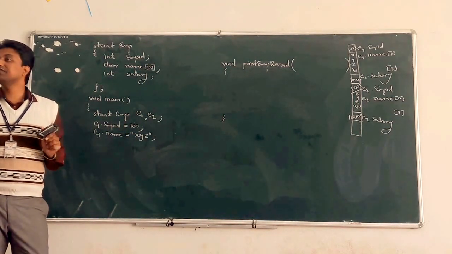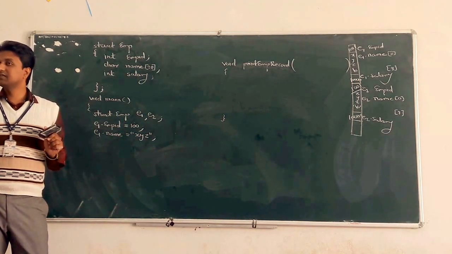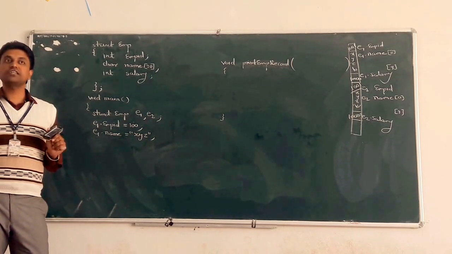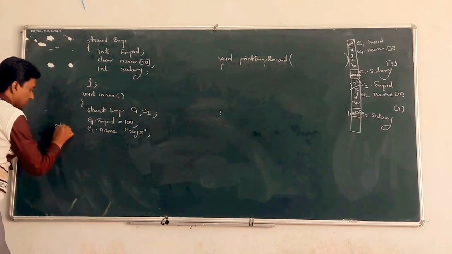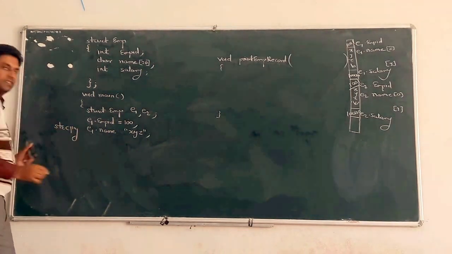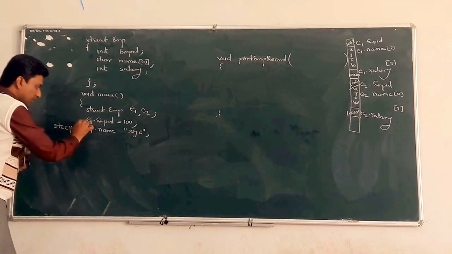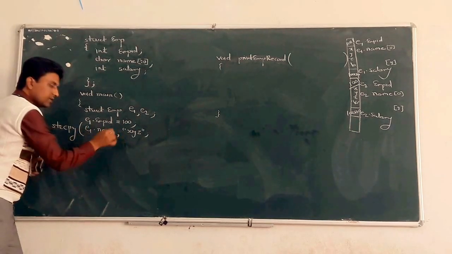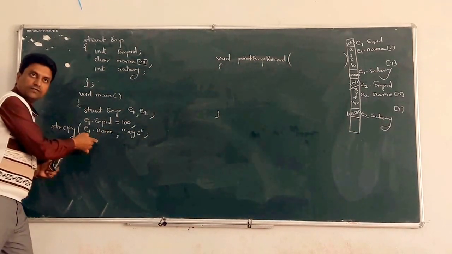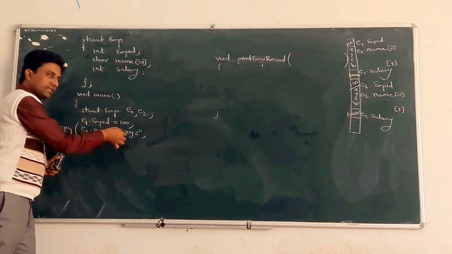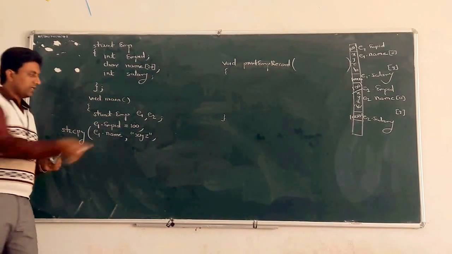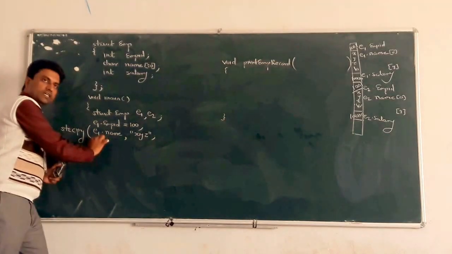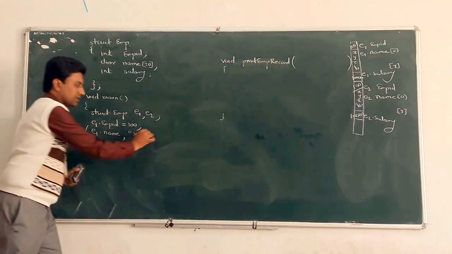For that, there is one function: string copy, strcpy. What is the first argument? The destination string, where we want to copy, and second, the source string, from which we want to copy. So XYZ is copied to the E1 dot name string.